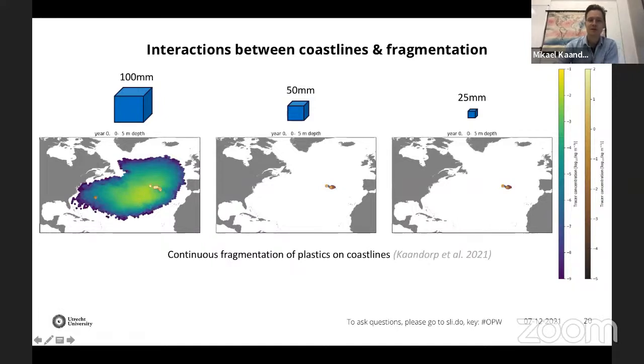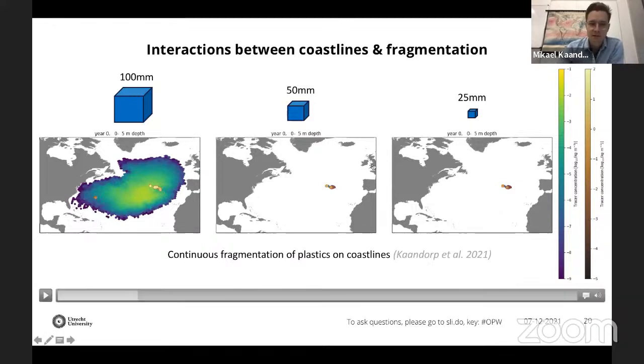In this model, we assume that plastics fragment mainly on beaches. So we assume fragmentation is dominant here, based on the fact that particles might experience more UV weathering, mechanical abrasion from sand and rocks, and oxidation on beaches compared to when they would spend time in the water. So we see that particles start fragmenting, so we get smaller and smaller fragments on the beaches over here.